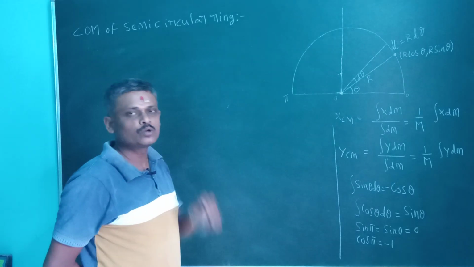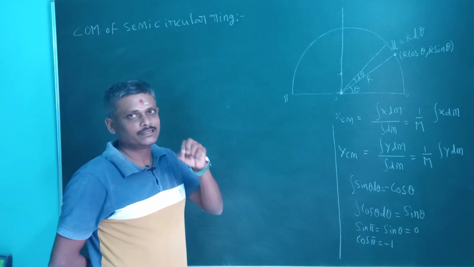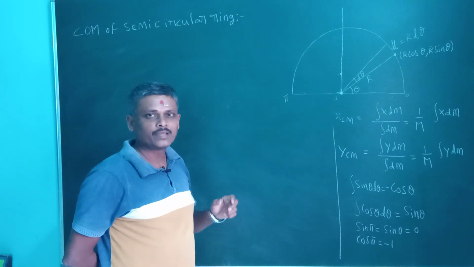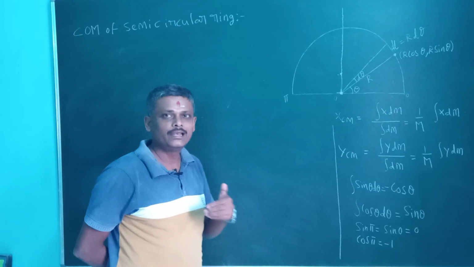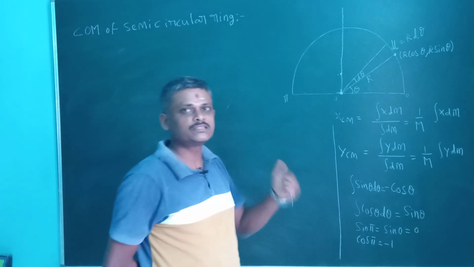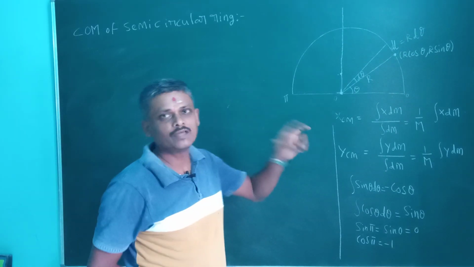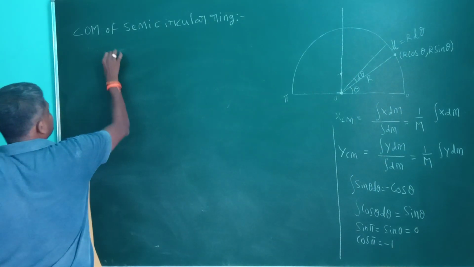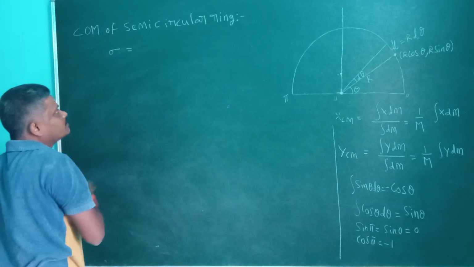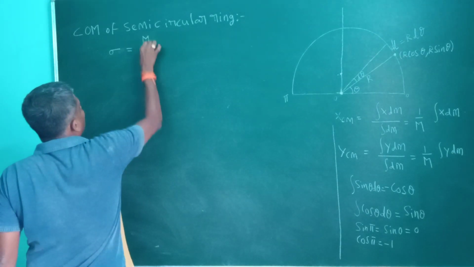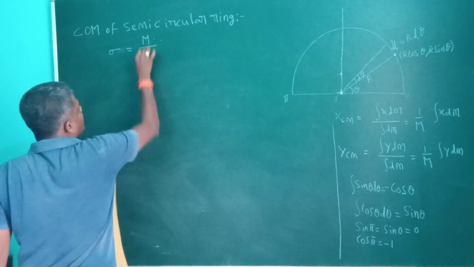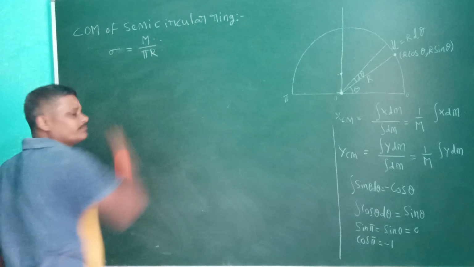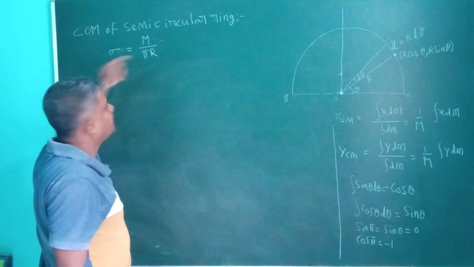Now to find the mass of the element dm, I multiply the linear mass density of the semicircular ring with the length of the element. As I told in the last session, the linear mass density of the semicircular ring is given by the total mass of the semicircular ring by the total length of the semicircular ring, M by pi r.